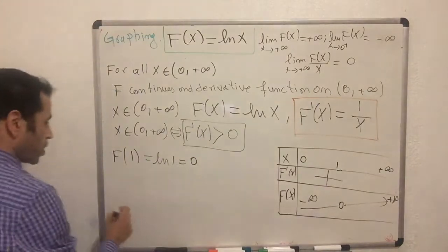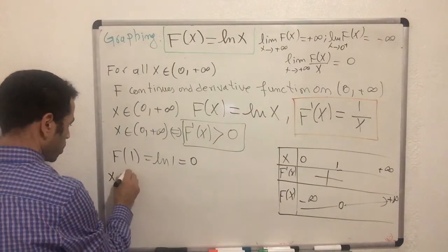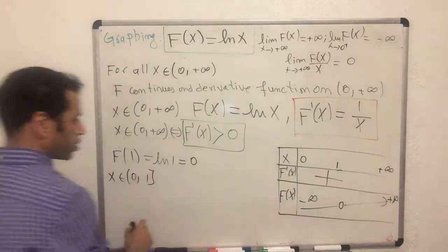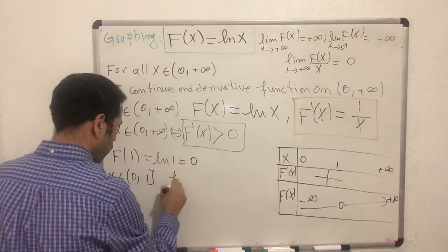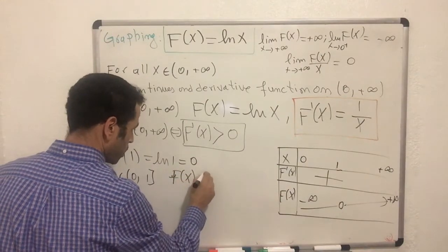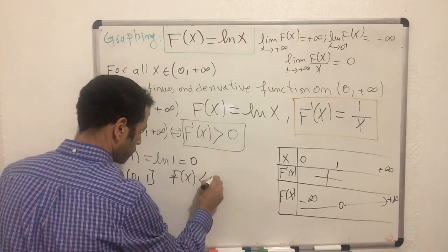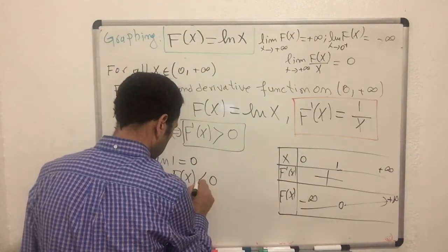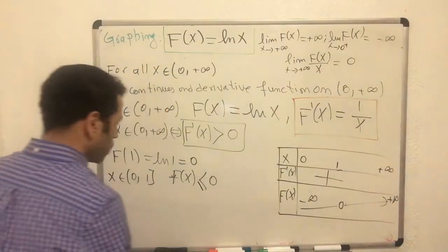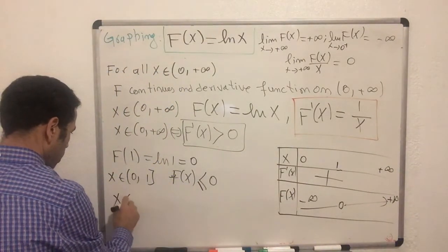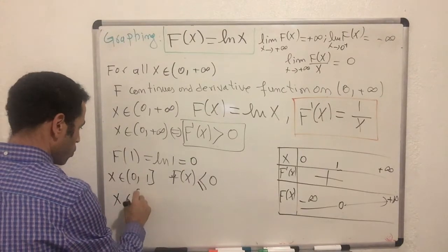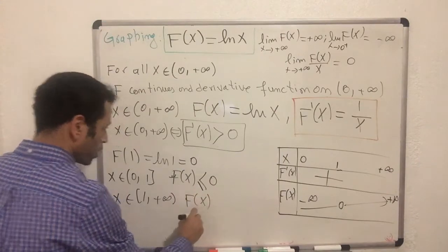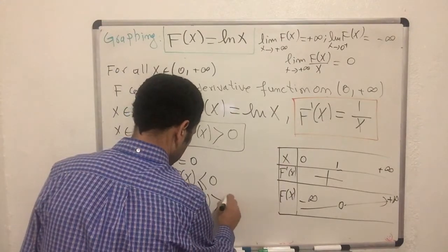Okay, let's summarize that. x belongs to the interval from 0 to 1, that means f of x is a negative function, negative, but it includes 0. And x belongs to 1 to plus infinity, that means f of x is strictly superior than 0.